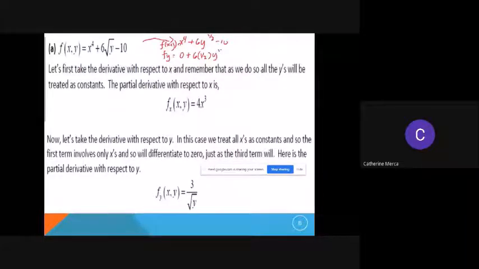Then the derivative of the 10 is 0 again. So what is 6 times 1/2? That is 3. Y to the 1/2 minus 1 is y to the negative 1/2. So you have 3 y to the negative 1/2. Okay?